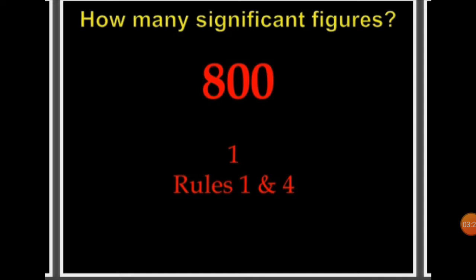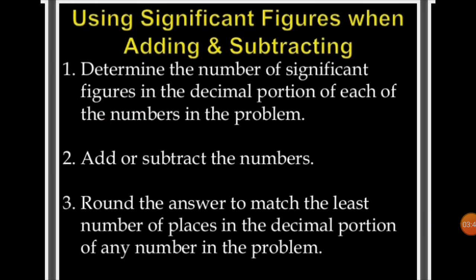You see that the answer is 1. Because the zeros after 8 will not be considered significant, because according to the fourth rule, the zeros which we are putting after the decimal to the right side are considered significant figures. So here the answer is 1.